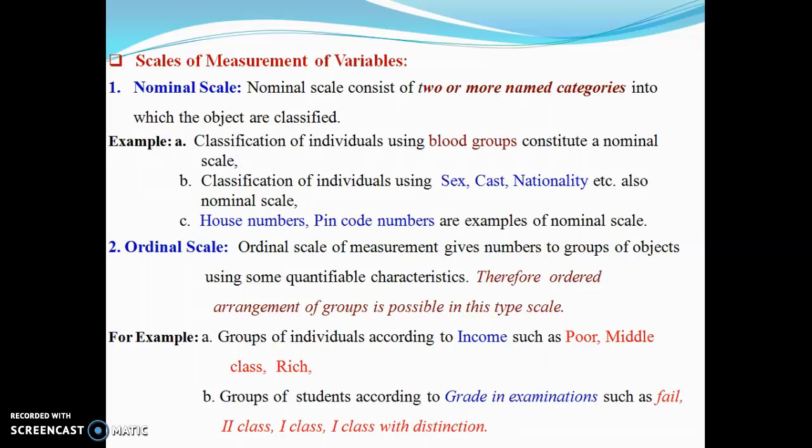And another important example, groups using weights such as light, heavy. These are examples of ordinal scales. In ordinal scales, numbers used to group as labels serve the purpose of rank, hence those labels are not interchangeable. This is the importance of ordinal scales.